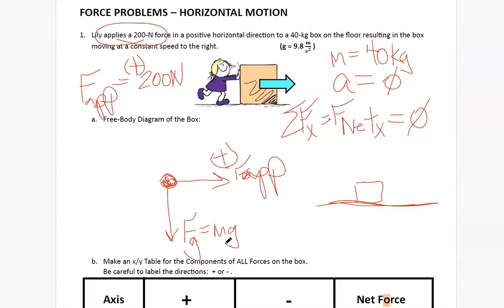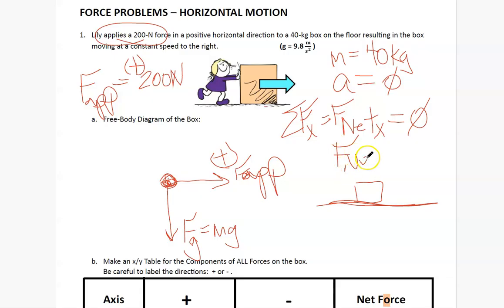If there is a weight force, and if that was the only vertical force on this box, it would start accelerating because it's a net force. If that was the only force composing the vertical net force, it would start accelerating towards the center of the Earth, but that's obviously not happening. The box is not soaring down into the earth or soaring up into the sky. The net force in the vertical direction is 0.